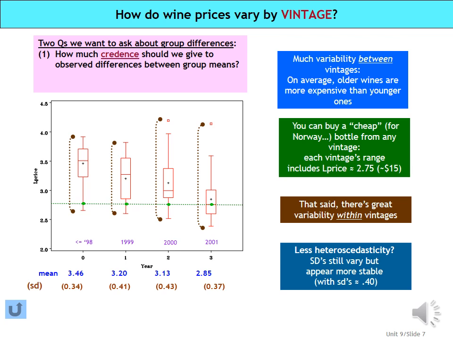How much credence, how much trust should we give to the observed difference between the group means? That's a question we need to ask. Why are we asking that question? Even though we see that there are differences, we don't know if it's significant. Yes, that's true. What else?